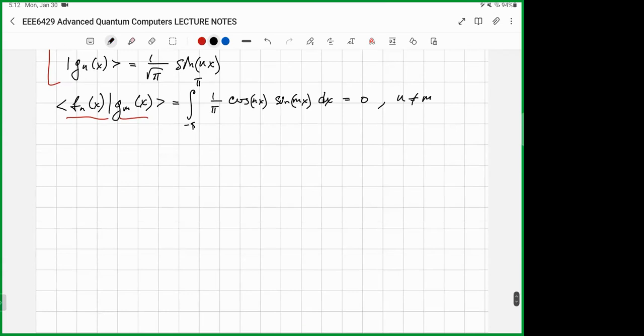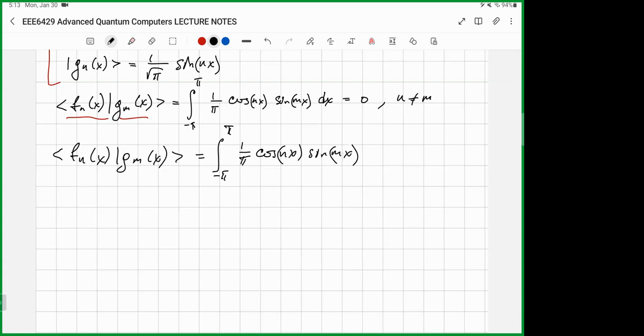And the same way, we can write f_n of x and g_m of x, assuming that n can be equal to m now. So this integral from minus pi to pi, 1 over pi sine nx sine mx dx, is equal to 0, as we just discussed, when n doesn't equal m, and 1 when n equals m.